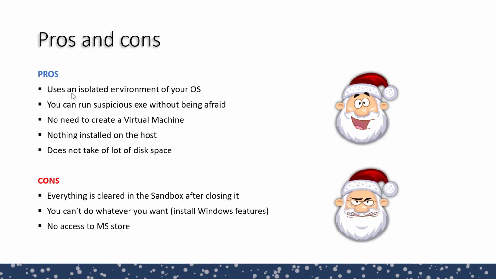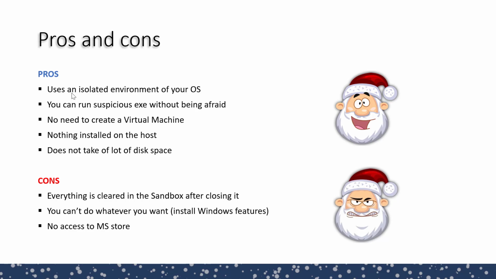Advantages and inconveniences of Windows Sandbox. We'll see the pros first. Windows Sandbox uses an isolated environment of your operating system, and you can run a suspicious exe file without being afraid of doing something to your host computer. There is no need to create a virtual machine, and nothing is installed on your host computer.